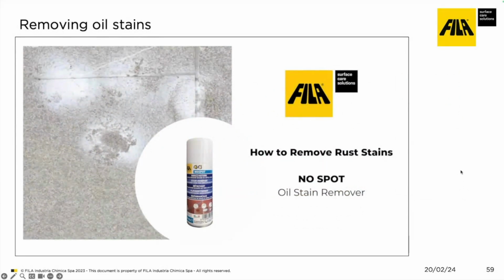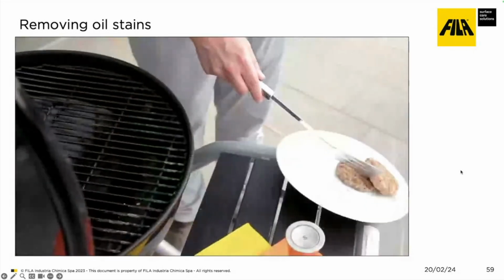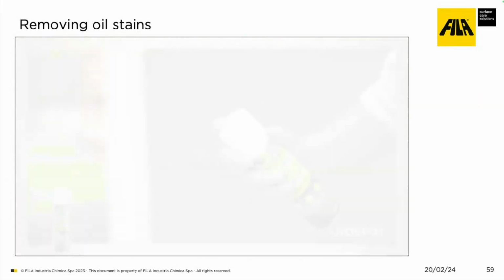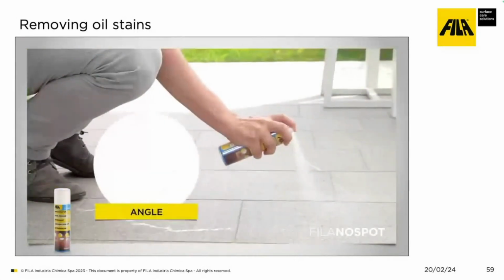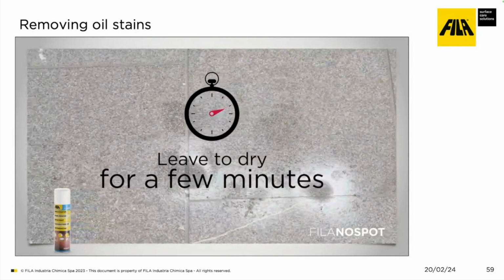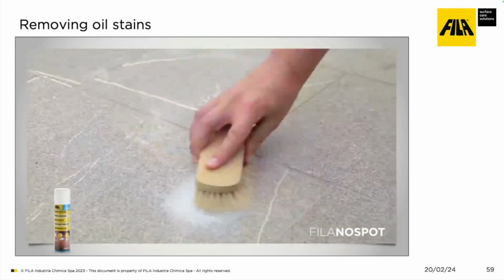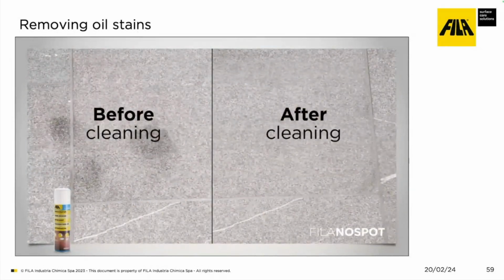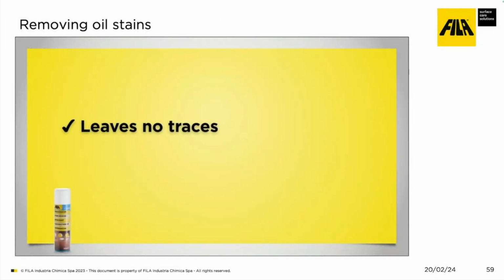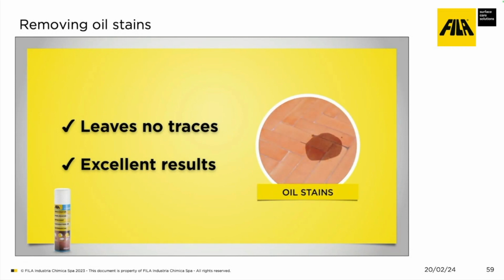You spray, and after you leave it there 15 minutes, there's a video there, it turns into a powder, and then you see the stain gone. You see the spraying of the product, and normally in a few minutes, 10 to 15, it turns into a powder, and the powder extracts the oil stain. In certain cases, obviously, when the stain is very penetrated and very stubborn, you might have to reapply it a second time. But it's a very practical spot remover.